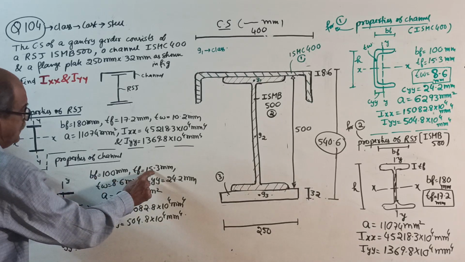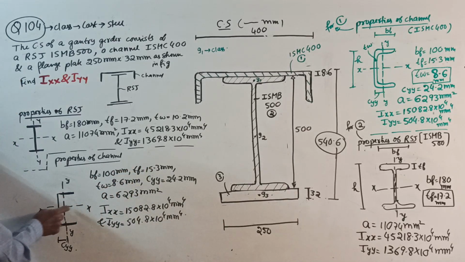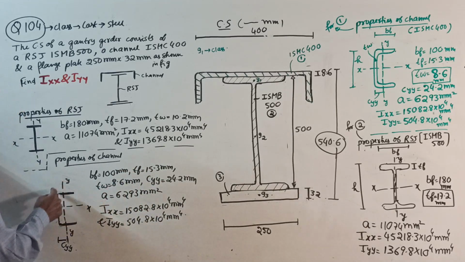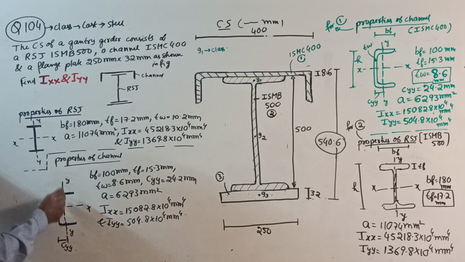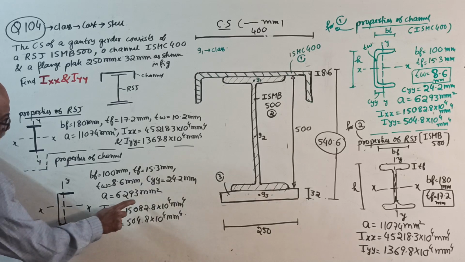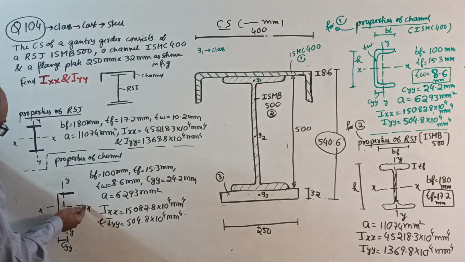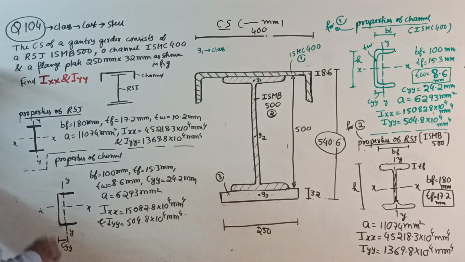Thickness of flange, 15.3. Web thickness, 8.6. XX is exactly midway, whatever the height is. But for YY there is no symmetry. This is CYY, the centroidal distance of YY, 24.2. Then I about XX and I about YY are given.